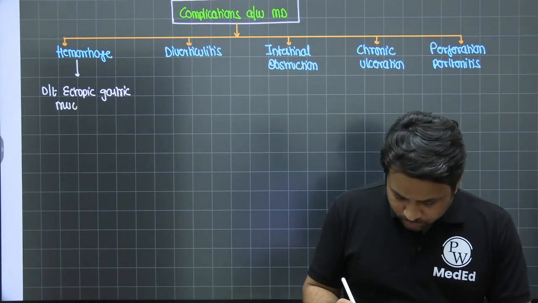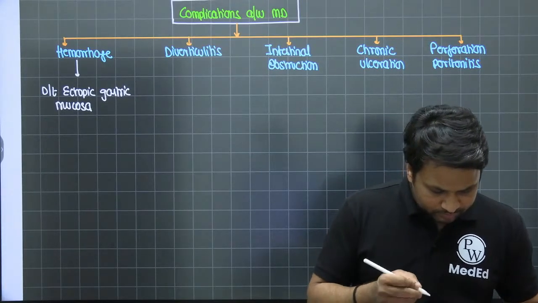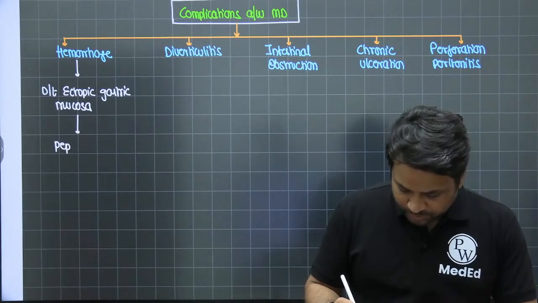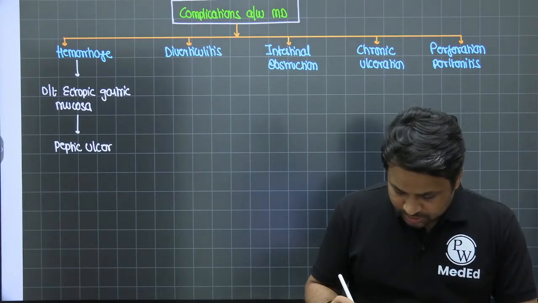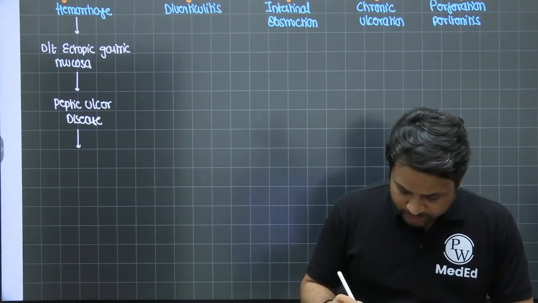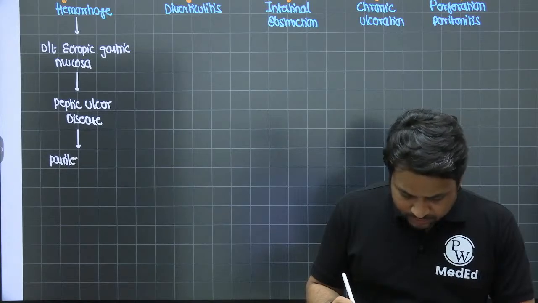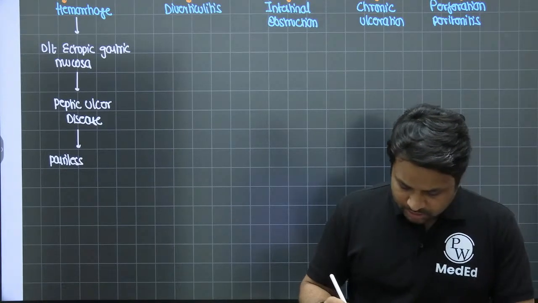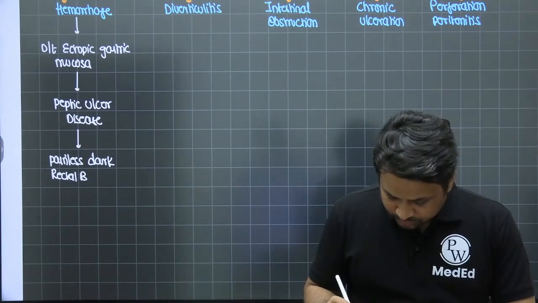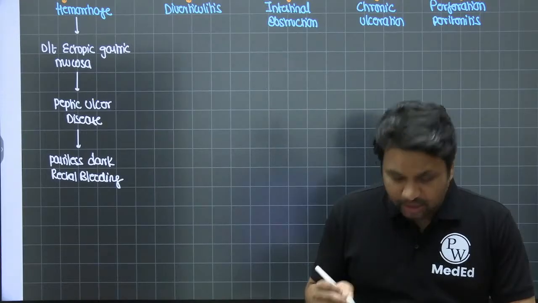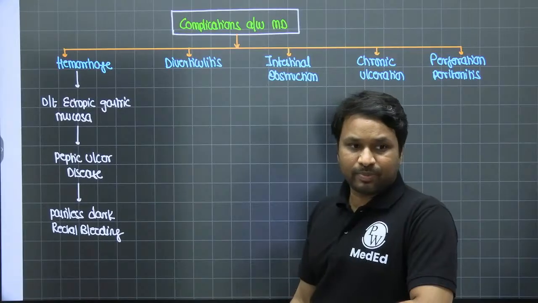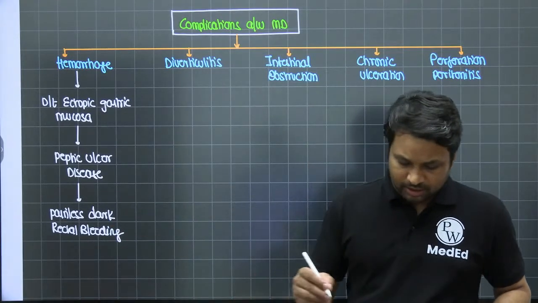This ectopic gastric mucosa will develop peptic ulcer disease, and this peptic ulcer disease will present with painless dark rectal bleeding. So it's due to an ectopic gastric mucosa causing a peptic ulcer disease and eventually resulting in painless dark rectal bleeding.